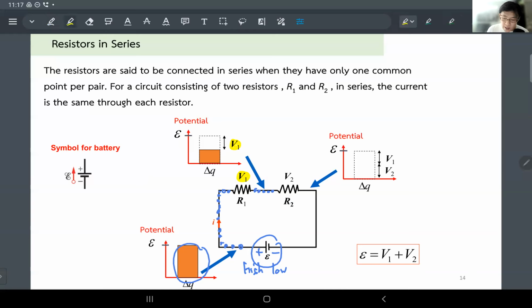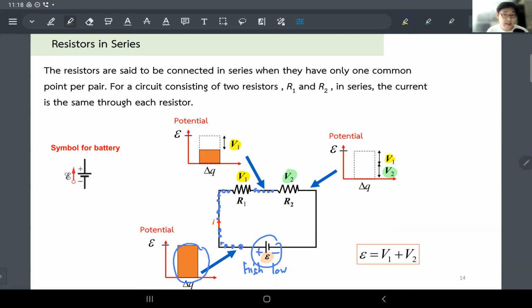You have to figure out what the potential across that part is, because that potential is going to be dissipated again. So you lose another energy V2 down here. Cool. But by conservation of energy, these two amounts, V1 and V2, must eventually add up to the same amount of energy that you supplied in the first place.